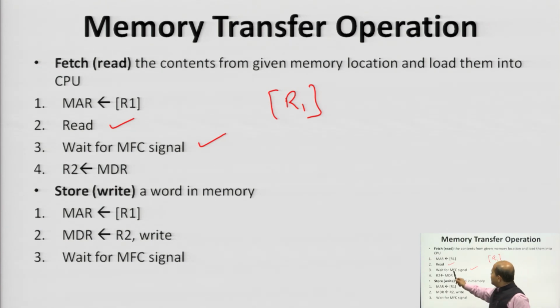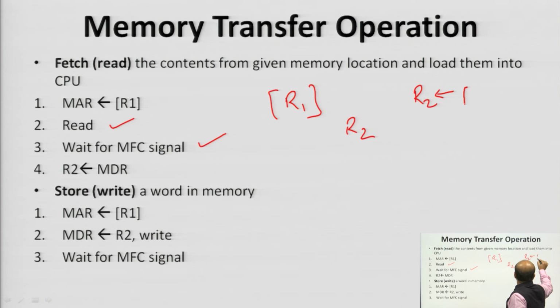That means the data is available in MDR, and we can transfer this data to a particular given register, suppose it is R2. So, what we are doing? We are simply performing R2 equals the content of R1, where R1 holds an address. We want to fetch the content from the memory location whose address is given in the R1 register, and that content is transferred to R2. So, this operation we are performing here.